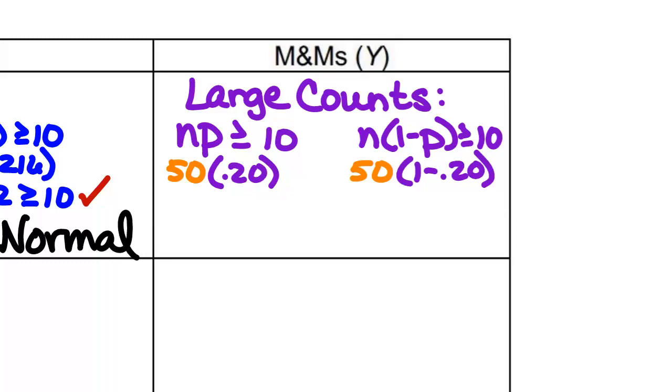Yes. What is n times p for them? 10, greater than or equal to 10. It meets it. It's right there, but it meets it. What is n times 1 minus p? 40, which is greater than or equal to 10. So this one is also approximately normal.